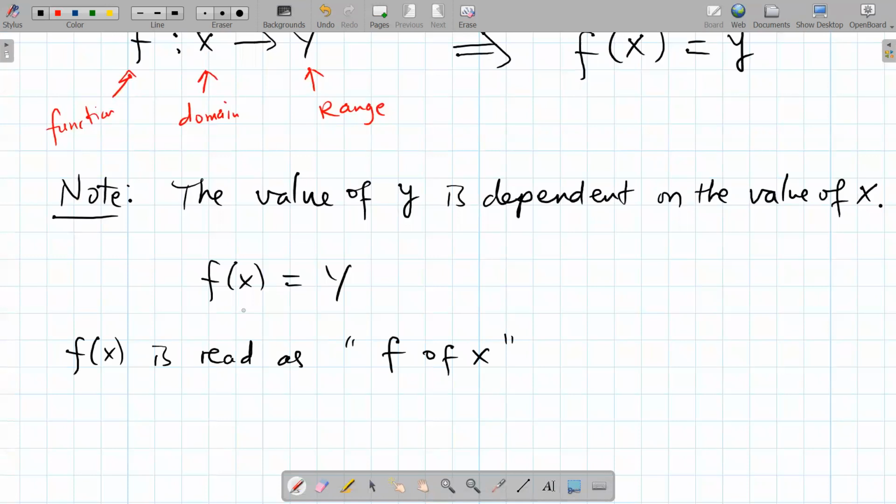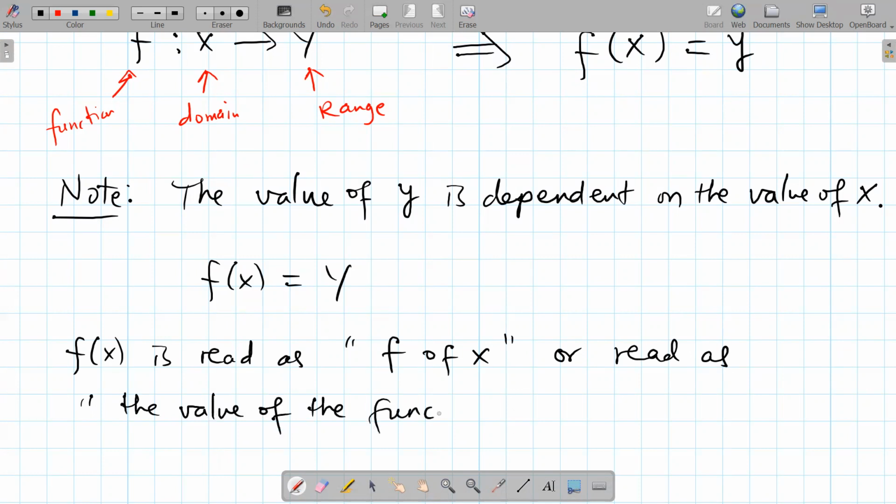So this is basically f of x equal y. Or sometimes we can also read it as the value of the function at x.